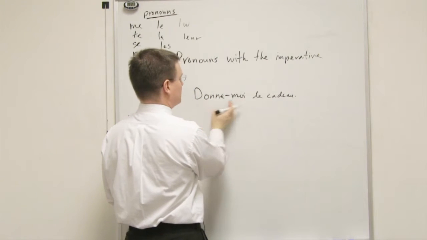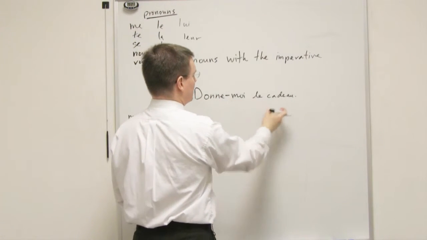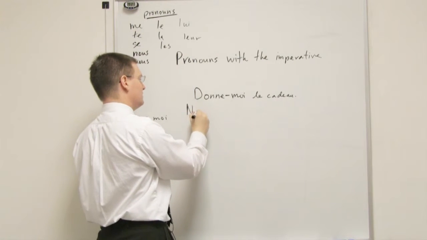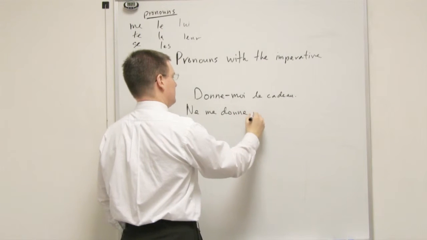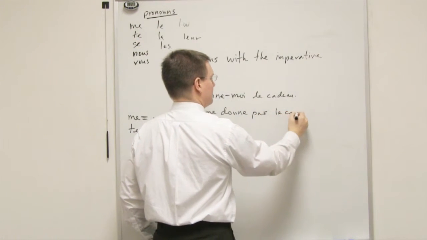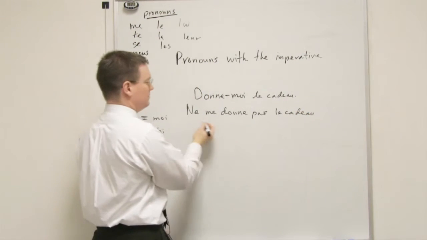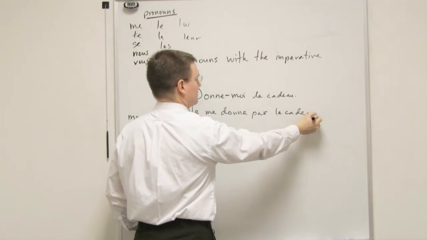You can't say donne-me le cadeau. If it precedes the verb, it's just me. So, ne me donne pas, "don't give me a gift."